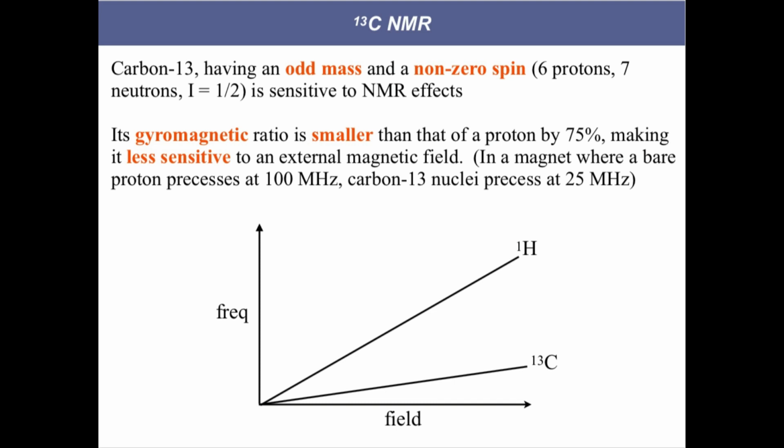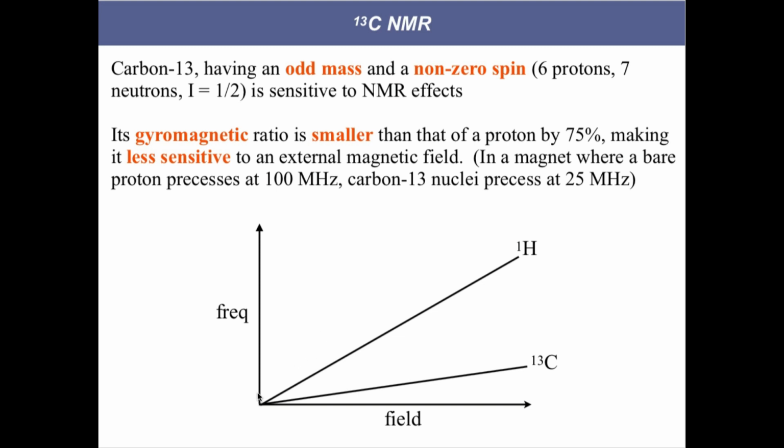Something called the gyromagnetic ratio is what makes carbon-13 NMR a little bit different from hydrogen NMR. Now, generally speaking, the greater the magnetic field that the nucleus is placed in, the higher the frequency. Usually it's a linear relationship, and there's some slope associated with that.